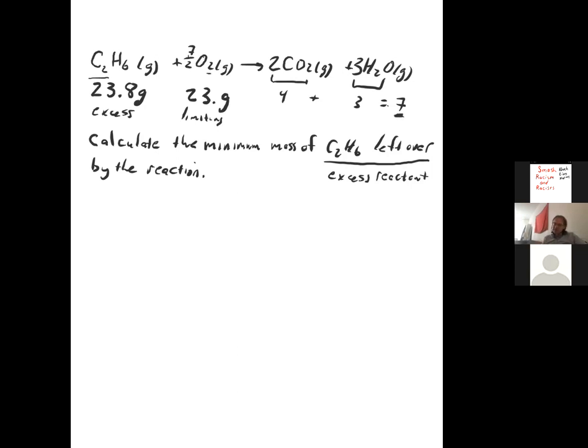Because 7 halves times 2 is 7. If you want to, you can do the next step, which is to multiply everything by 2. It's unnecessary, but you can do that. So multiply everything by 2. And there you go. Okay, so there's your balanced equation.